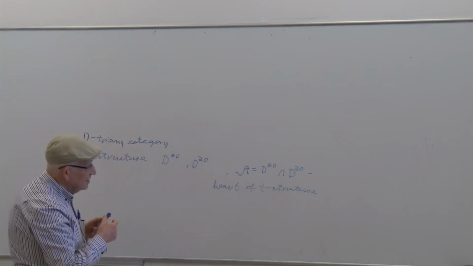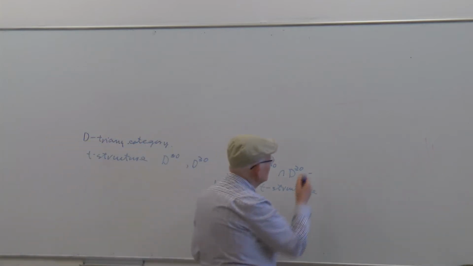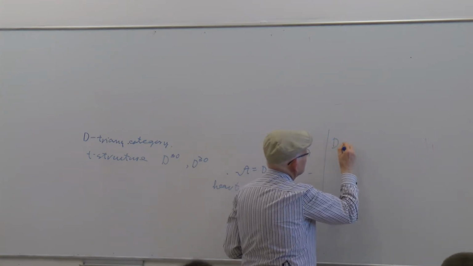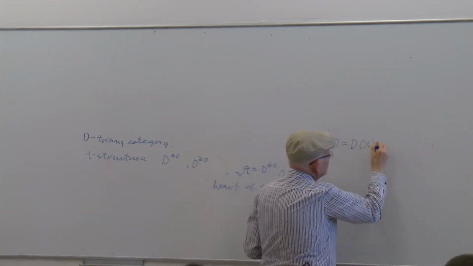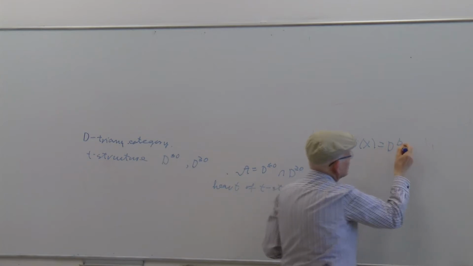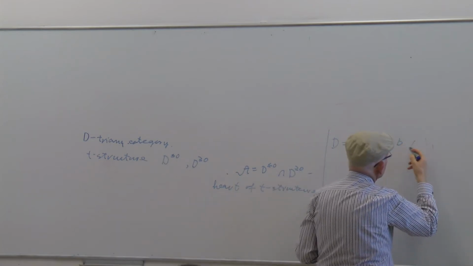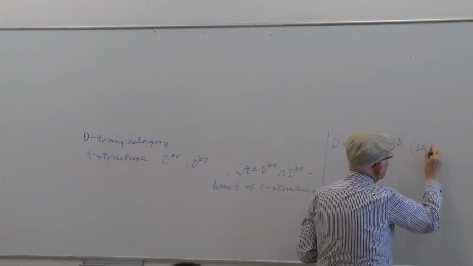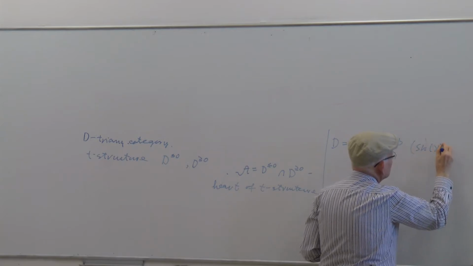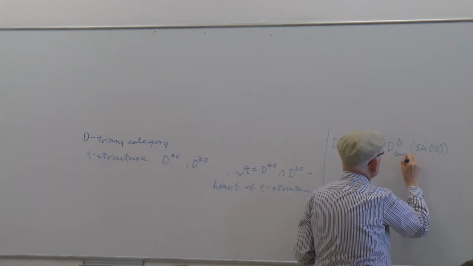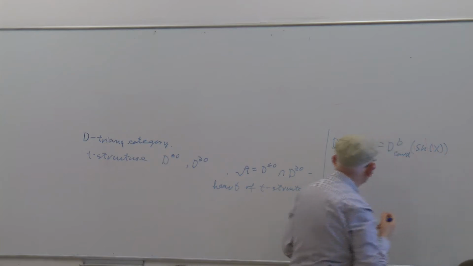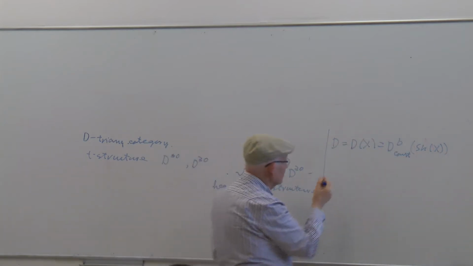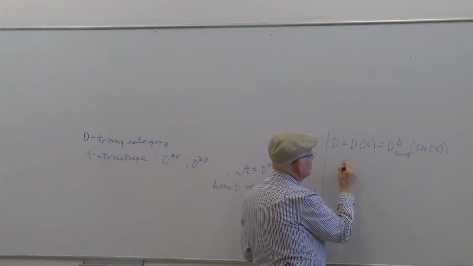Okay, and the case which we are interested in is when D is equal to D of X, which is by definition the derived category of bounded complexes of sheaves on X with constructible homologies, where X is an algebraic variety, and we have the perverse T-structure.